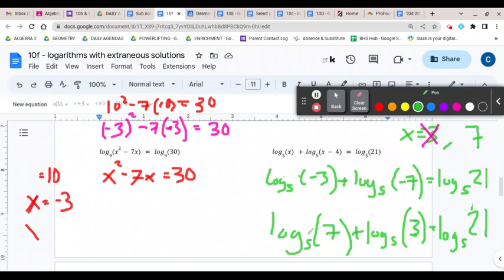So because we have that, we're good to go. Positive, positive, positive, positive, everything matches up. So our answer there is going to be x equals 7. So -3 is extraneous. So -3 works when we do the math, but when we actually find out what would actually exist, -3 is out.